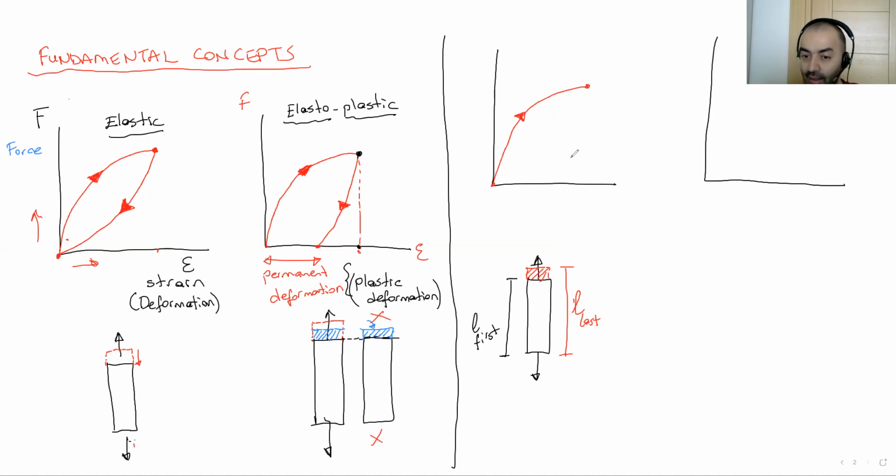This length doesn't go back to the zero initial position or even a little bit back. It doesn't go back. So we have a deformation at this maximum load point. When we remove all the load, we have the same amount of deformation on our structural member.